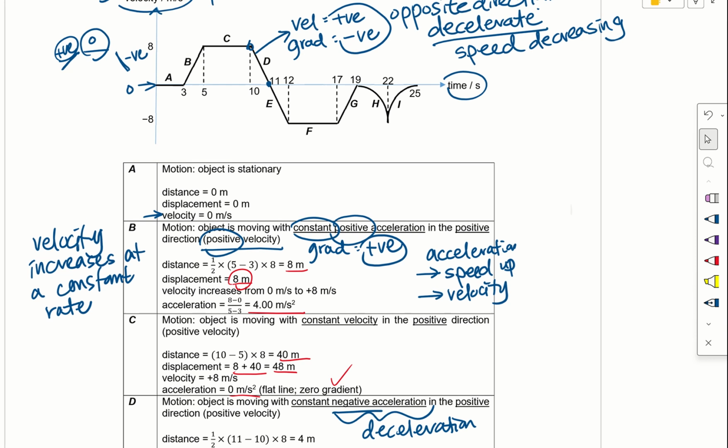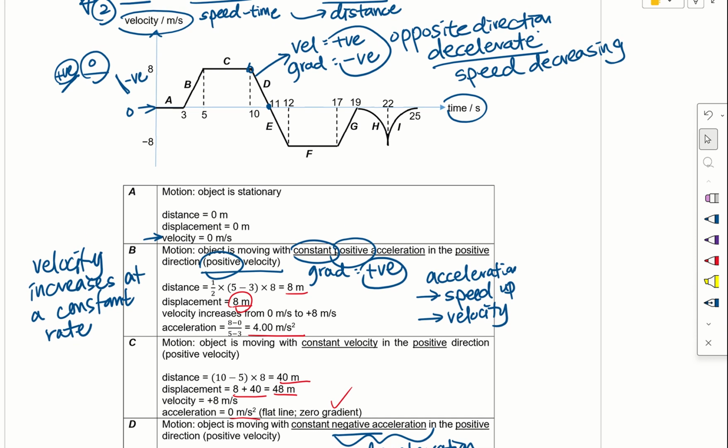So can we calculate the distance traveled so that we can find the displacement? Yes, because it is actually a triangle. It's the area under the graph, with the x-axis as the reference. So we must always use the graph and the x-axis to frame the area.